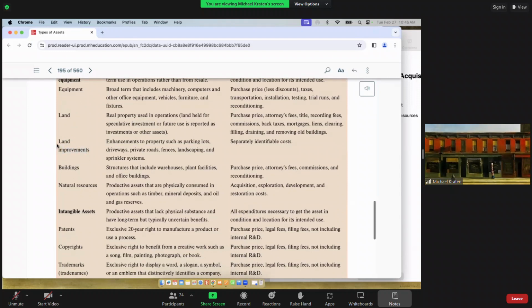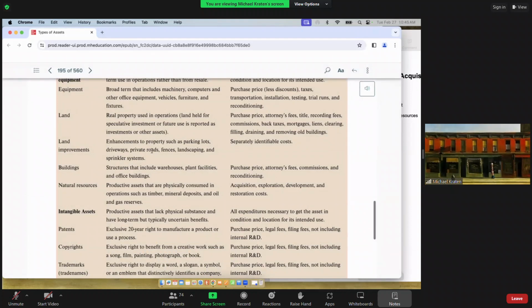Land improvements are part of the value of the land. So if you pave a parking lot and you look at that pavement, the gravel or the concrete, and you say, well, it's part of the land, or is it? When does the land stop and separate pieces of property or equipment that are on the land begin?